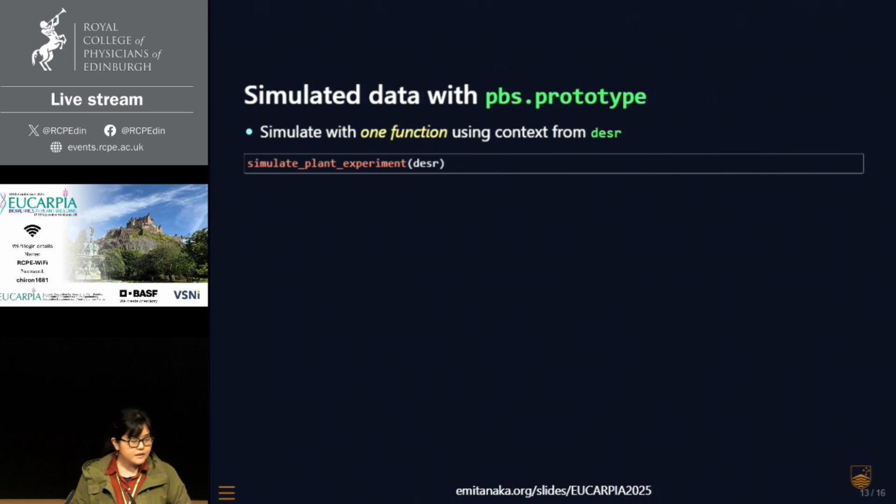Now, this prototype, called pbs.prototype, only has one key function. And what you do there is that you can just pass on an Editable design. And so this object, desr, knows what traits you're trying to measure. It knows the brief context around the experiment, and it has the experimental design as well.